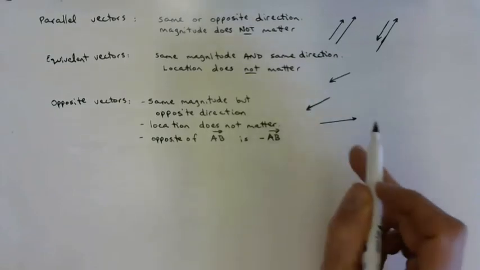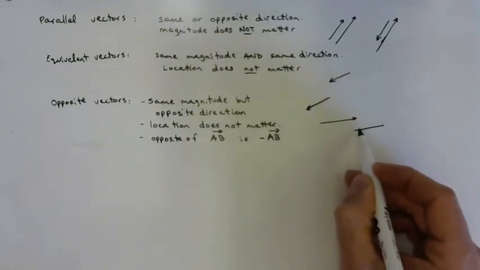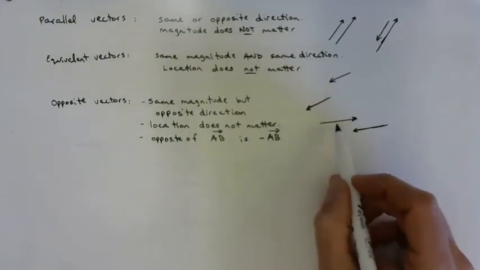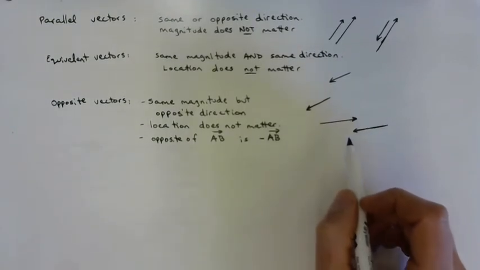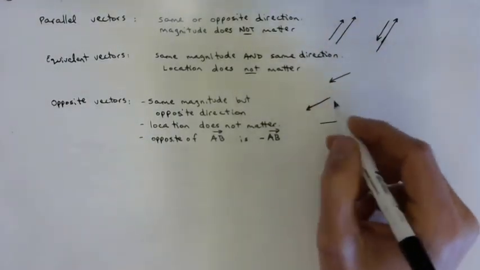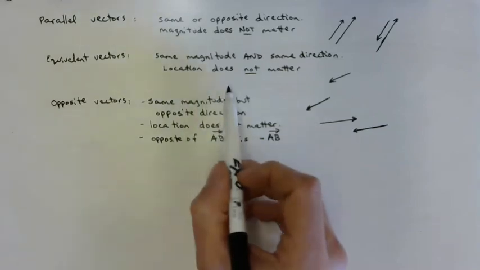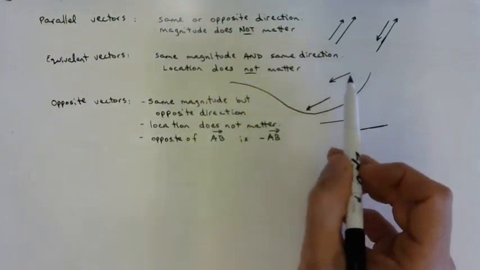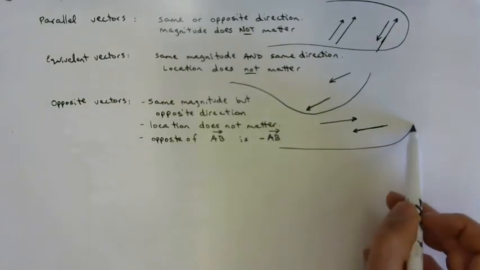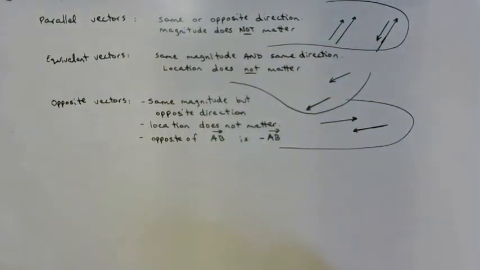Again, location doesn't matter, so I'm just going to make them look like they're the same magnitude. These two vectors would be opposites. I should be naming my vectors in the diagrams, but I think you understand. These guys belong with that term, these guys with that term, and these guys with that term. Hopefully that didn't just make it more confusing.